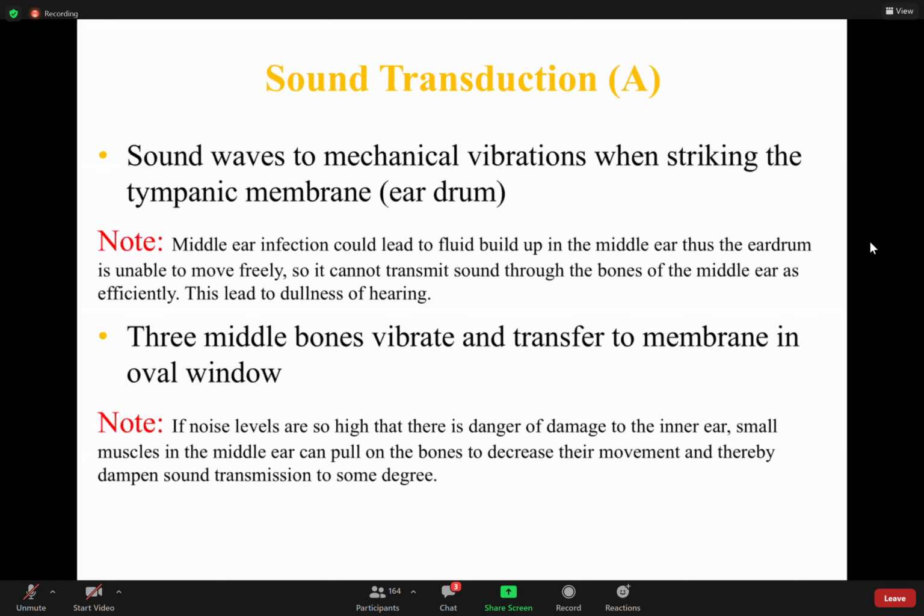And if noise levels are high enough, then small muscles in the ear could pull apart these small bones so that sound is not perceived at such a high amplitude that it could potentially damage the stereocilia, which are the ones responsible for the perception of sound. Let's say the small hair cells in the cochlear duct that are going to transduce, or enable us to perceive, sound.